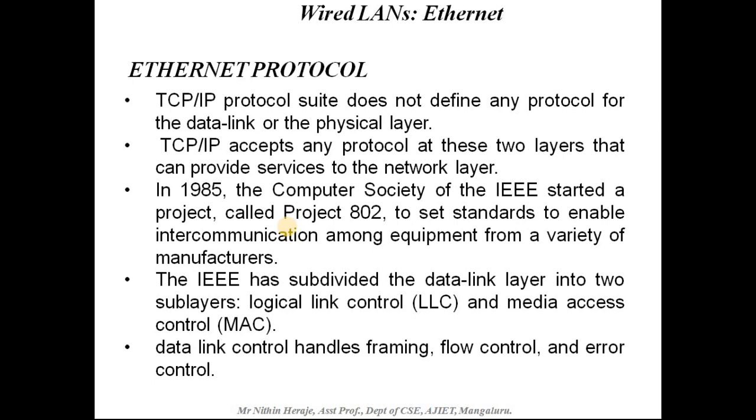So the Ethernet protocol: the TCP/IP protocol suite does not define any protocol for the data link or physical layer. TCP/IP accepts any protocol at these two layers that can provide service to the network layer, that is, the protocols of the data link and physical layer.